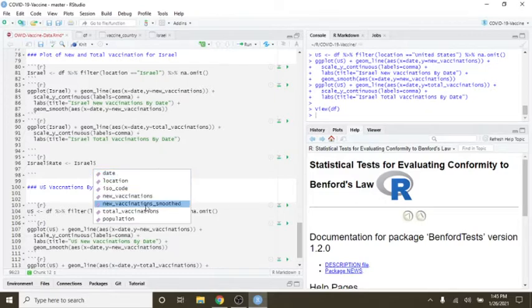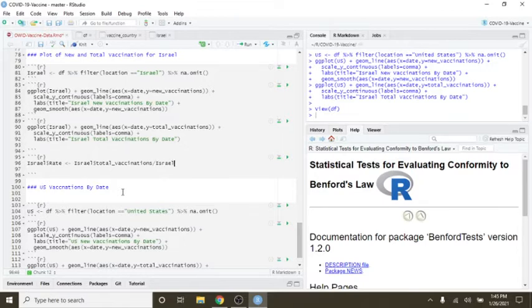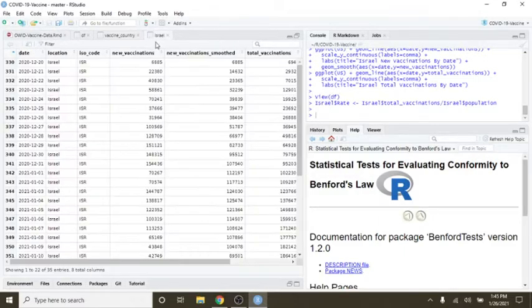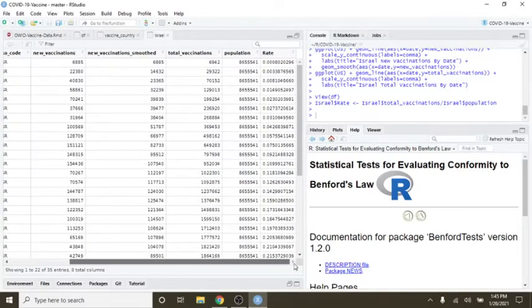I'm going to say total vaccinations divided by population. Let's just run this now. So this will give us the rate of vaccinations.